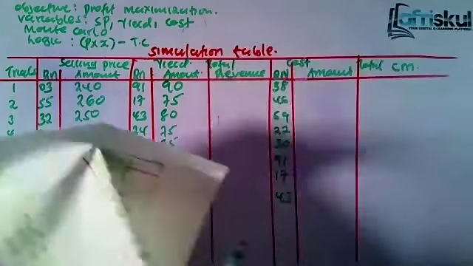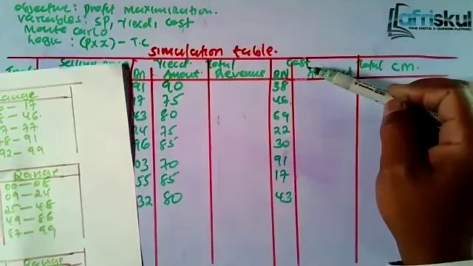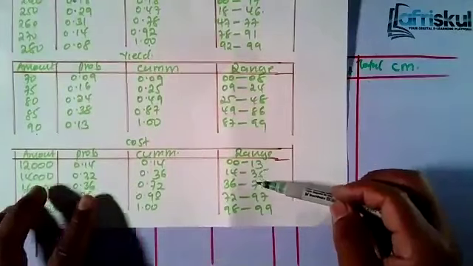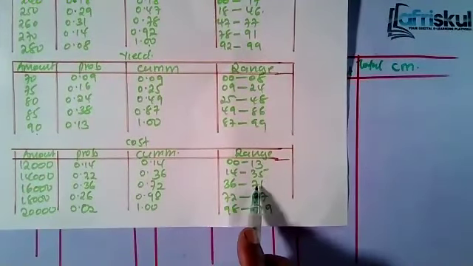And then we also had the random number for cost. Kwa cost, the first random number is 38. Unakuja hapa unatafuta 38. That 8 is in between 36 and 71.